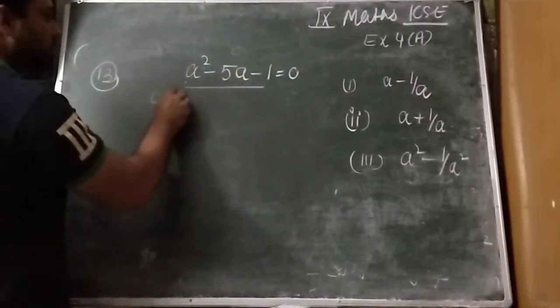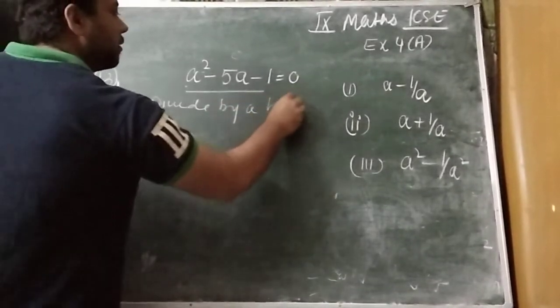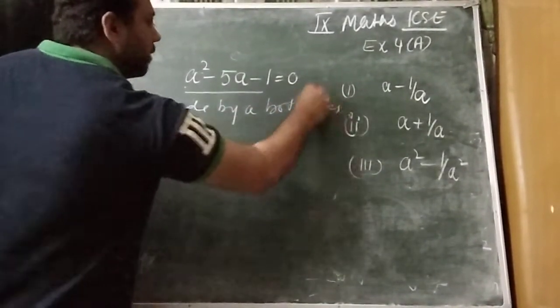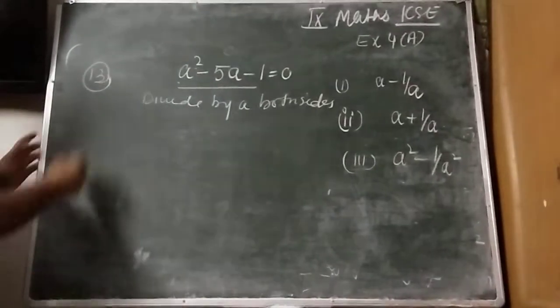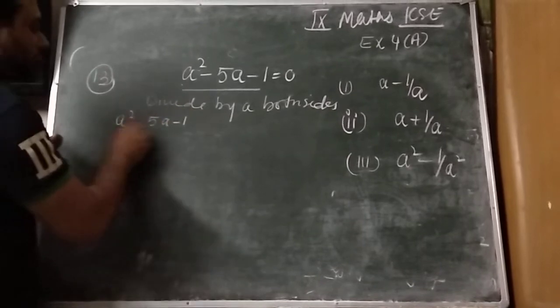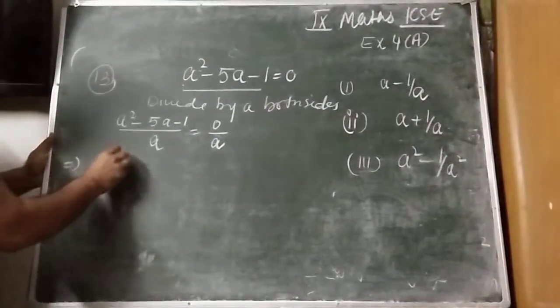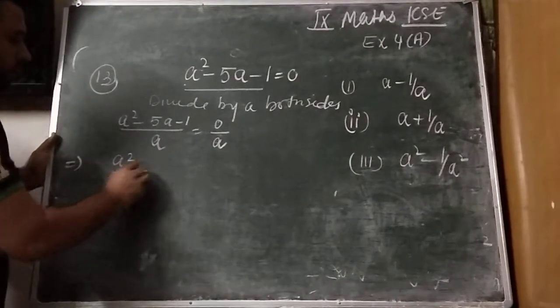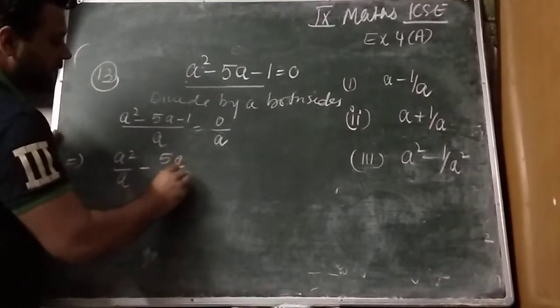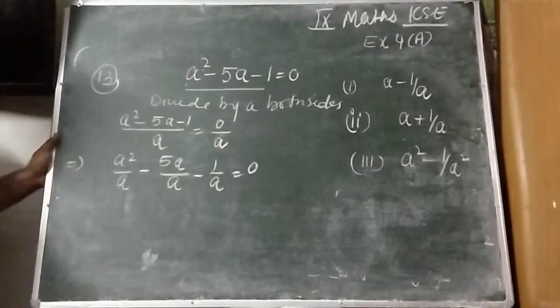Divide by a both sides. यानी कि दोनों तरफ a के साथ क्या करना आपने डिवाइड. a square minus 5a minus 1 divided by a, 0 by a. So this is a square by a, 5a by a, 1 by a, 0 upon something 0.